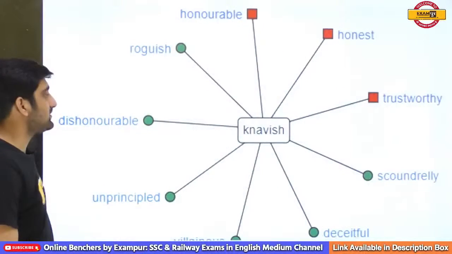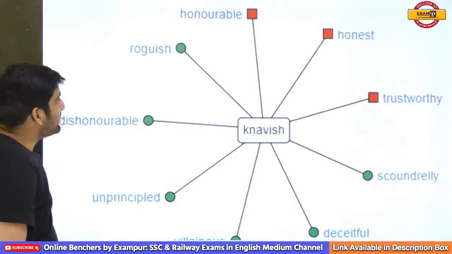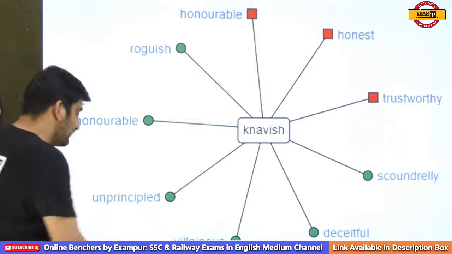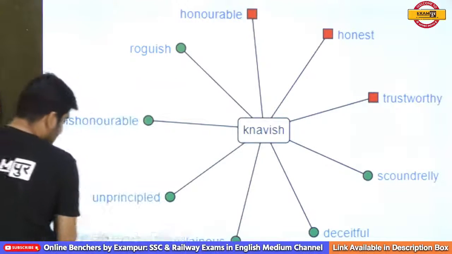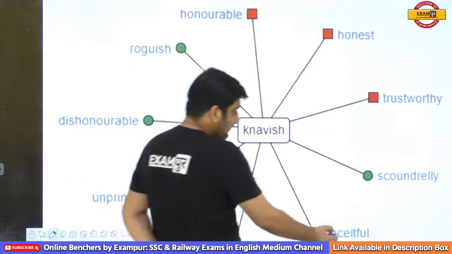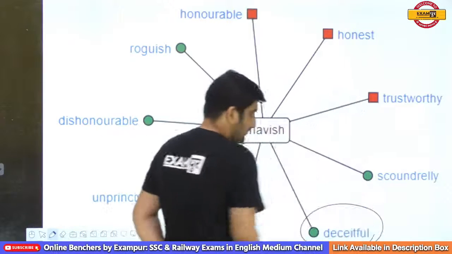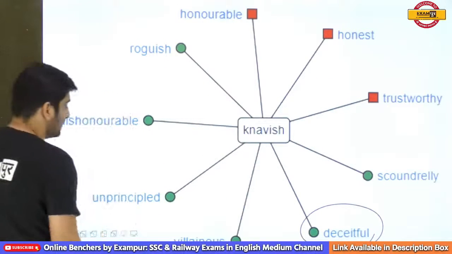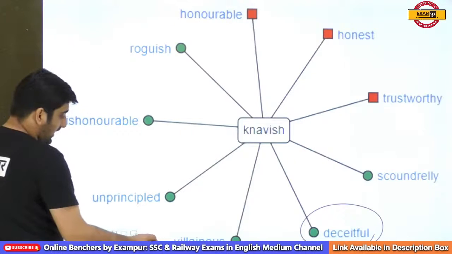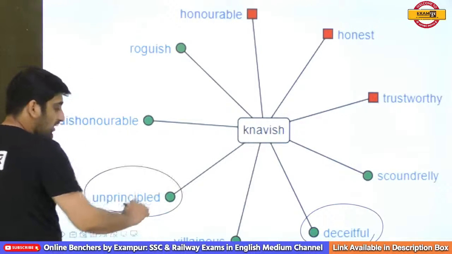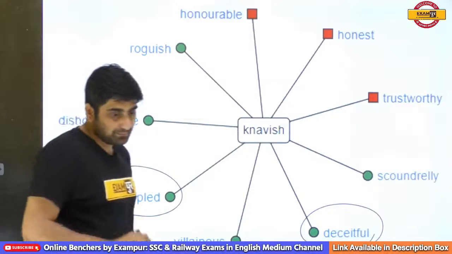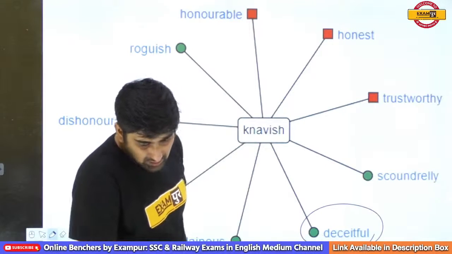So the word is KNAVISH. KNAVISH basically means deceitful, as I told you. KNAVISH basically means deceitful, unmoral, okay, and you can call the word unprincipled, who has no principle at all, okay.